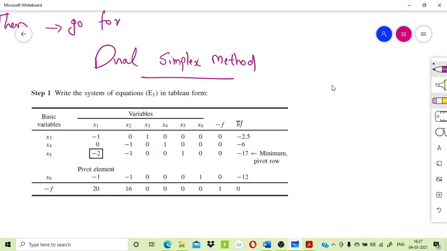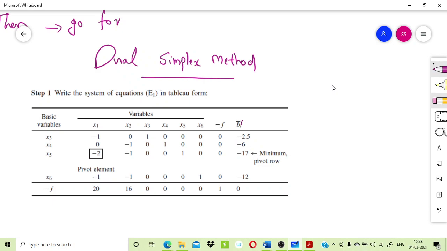So that is our step, constructing our tabular column. Then in the very next step, in the simplex method, we observe the minus f row and find the most negative number.